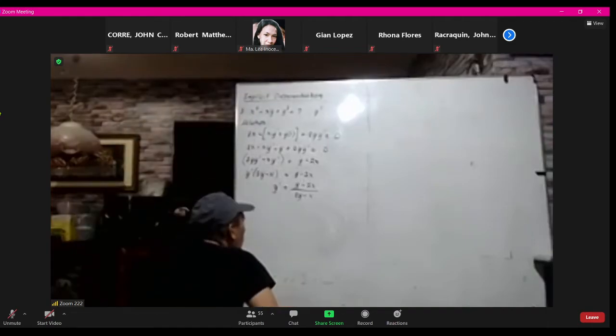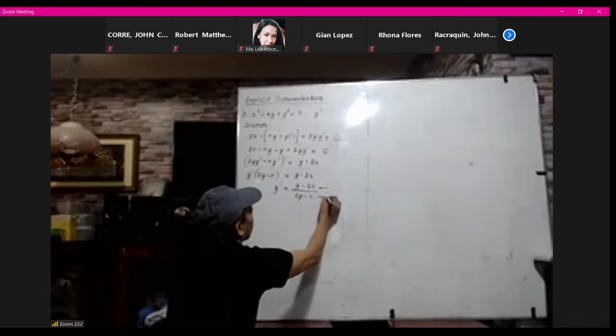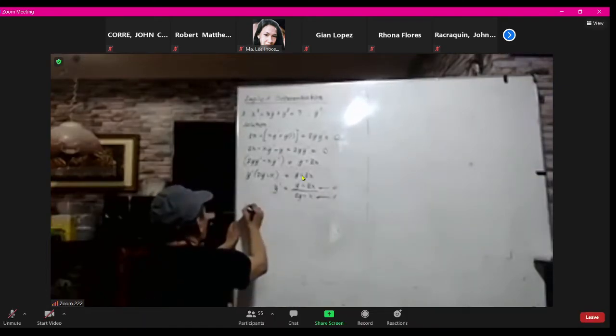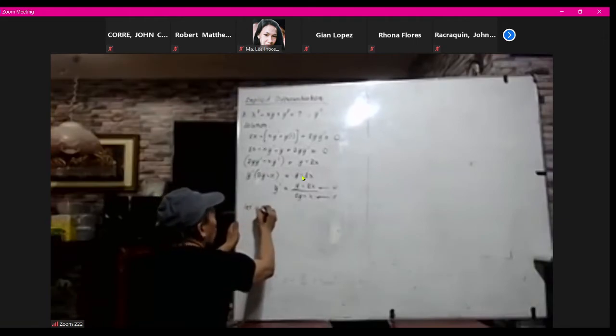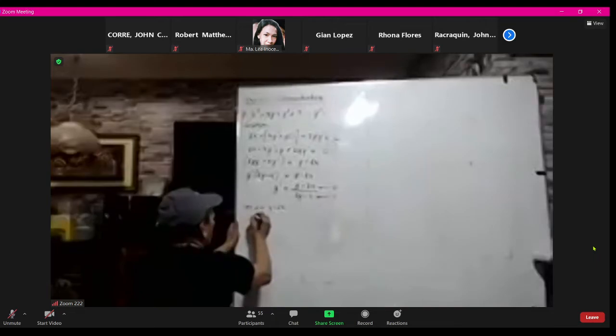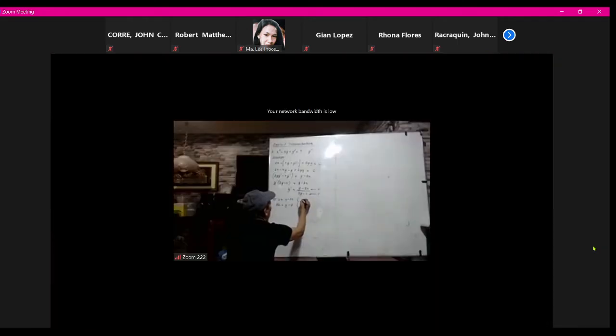So, papasok na natin ngayon, ito ang magiging u natin kasi quotient rule. U ito, yung v. So, let u equals y minus 2x. Derivative of u equals y prime minus 2. Okay? Then another one, we have v, 2y minus x. Derivative of v equals 2y prime minus 1.